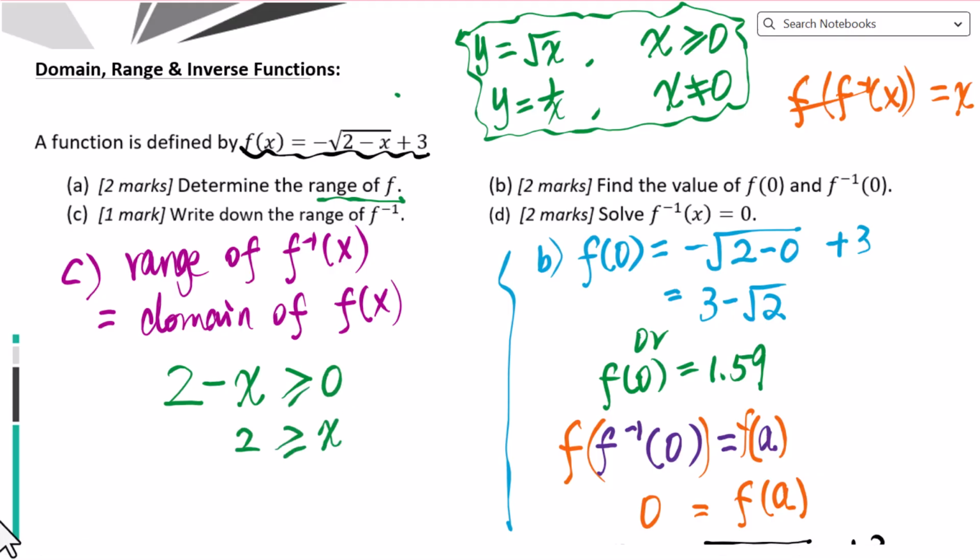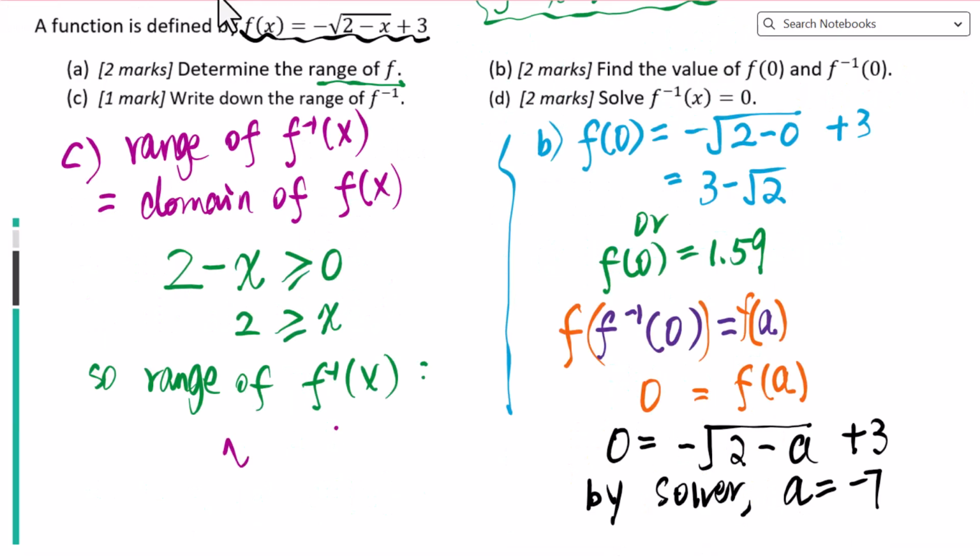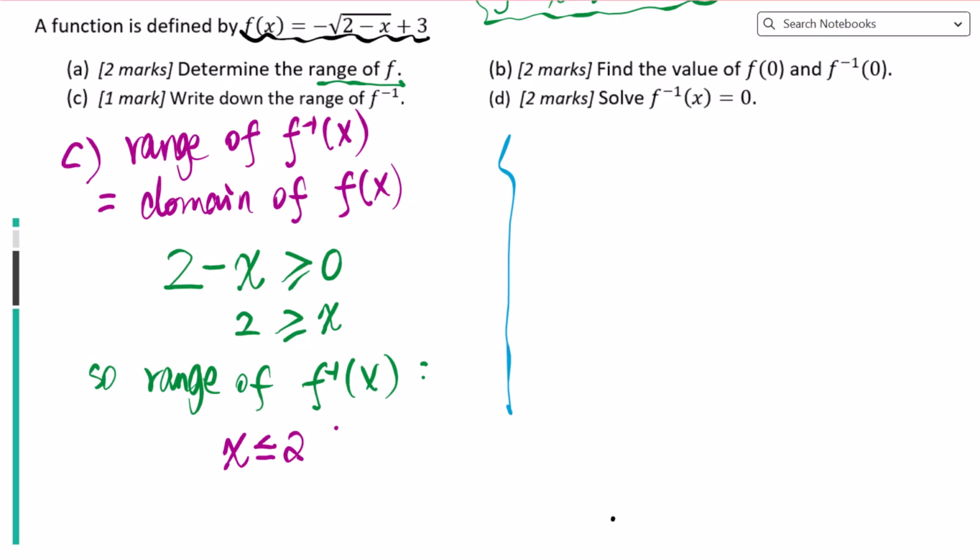Add x both sides. We got x less than or equal to 2. So range of inverse of f of x is x less than or equal to 2. Let's go to D.